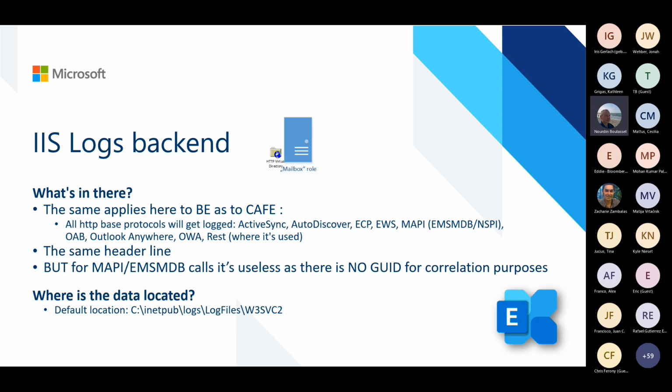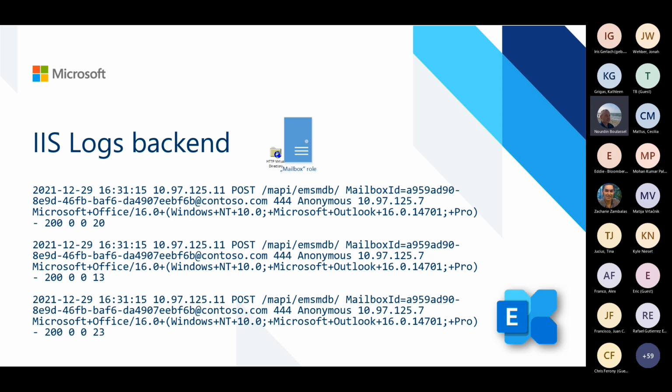But actually, for MapiHttp EMSMDB calls, you can't make a lot of sense out of that because we just don't have any data that we could correlate for these calls.